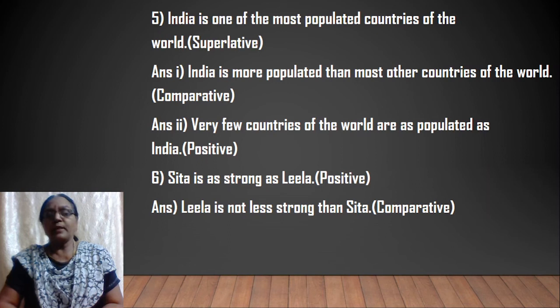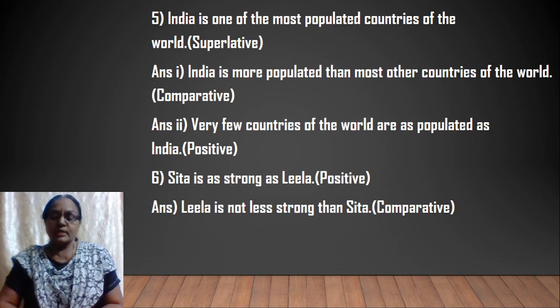Then positive degree, very few countries of the world are as populated as India. So that's the positive degree. Here, India is one of the most populated countries of the world. We have more than three. So this is a superlative degree. So we have both comparative and positive degrees.